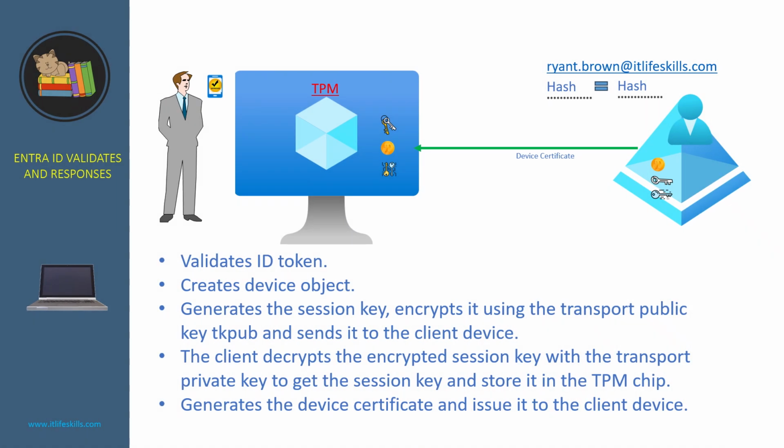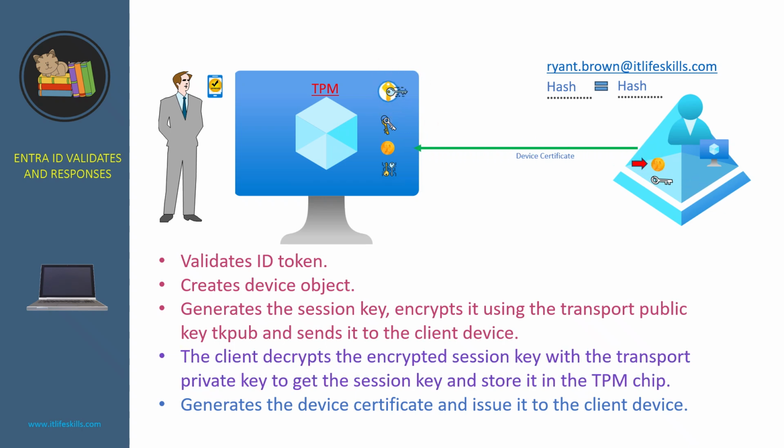Upon receiving the device registration request, Microsoft Entra ID validates the ID token, then creates the device object. After that, it generates the session key, encrypts it with the transport public key, and sends it to the client device.